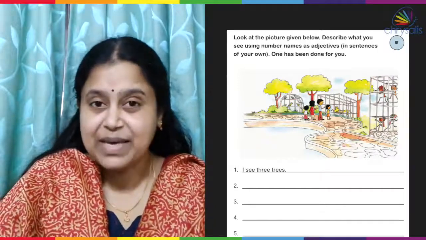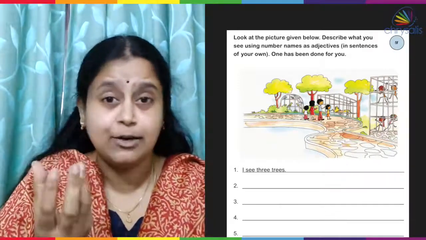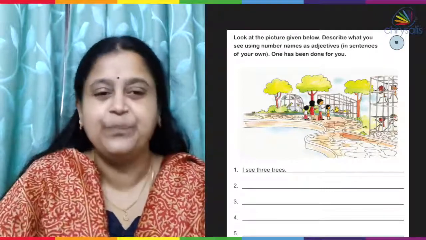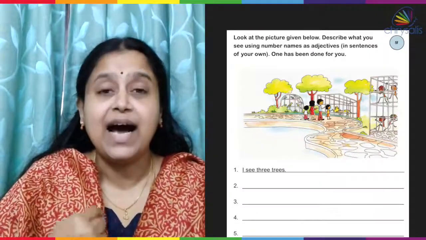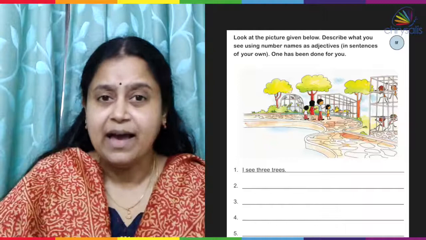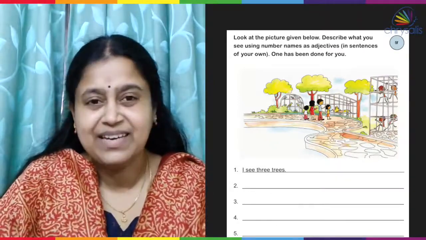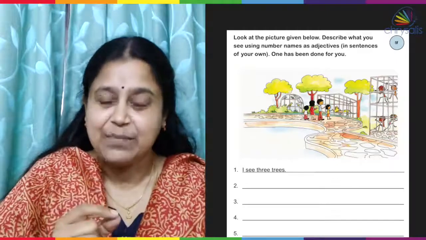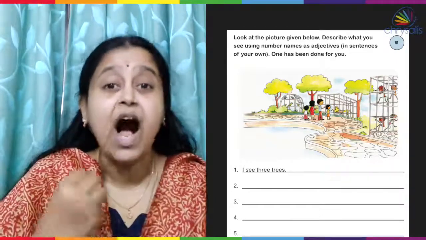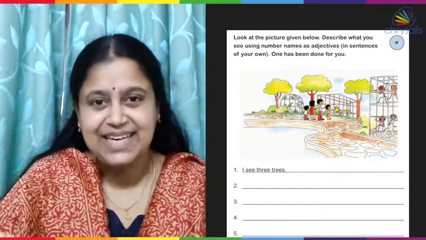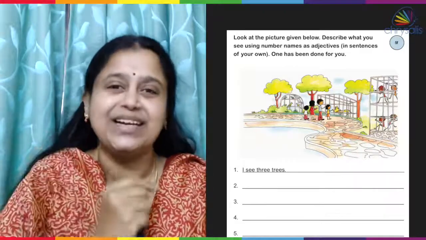We are describing the color of the apple. Similarly, when I say I have 3 chocolates, what are we describing here? We are describing the quantity. I am telling how many chocolates I have, right? Now we are describing the quantity.